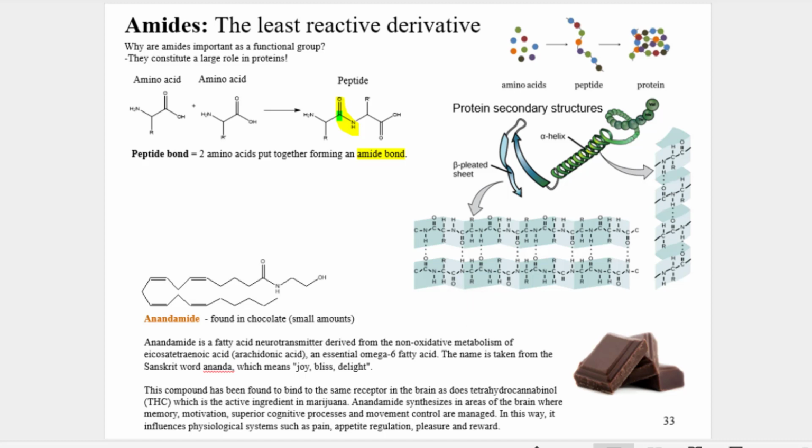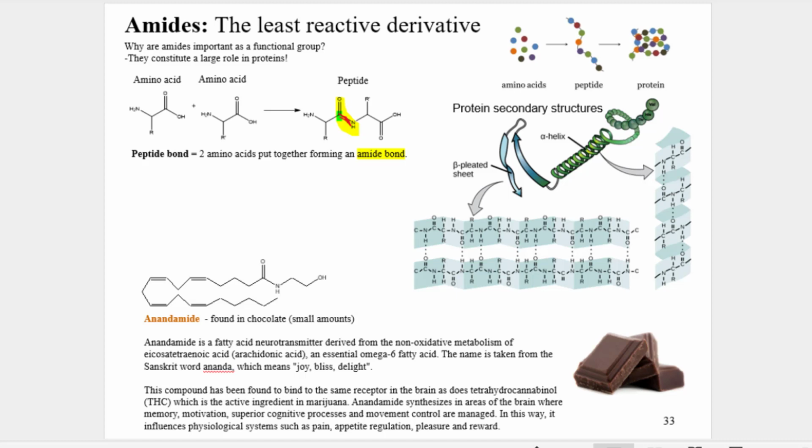Specifically, the bond between the carbon and the nitrogen is referred to as the peptide bond. So the peptide bond: multiple amino acids come together to form peptide bonds and form long chains called peptides.